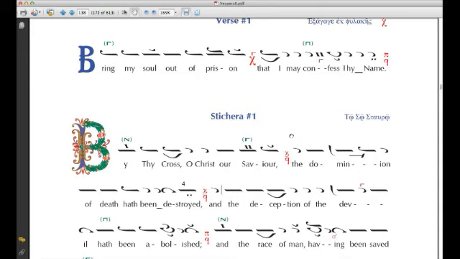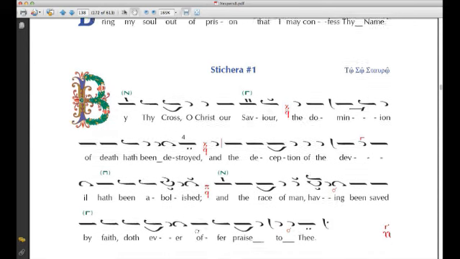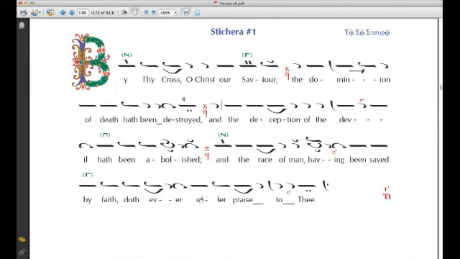By thy cross, O Christ our Savior, the dominion of death has been destroyed, and the deception of the devil hath been abolished, and the race of man, having been saved by faith, doth ever offer praise to thee.